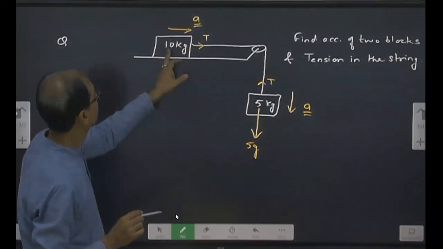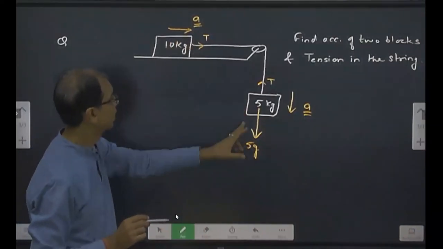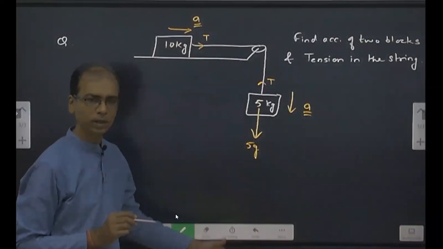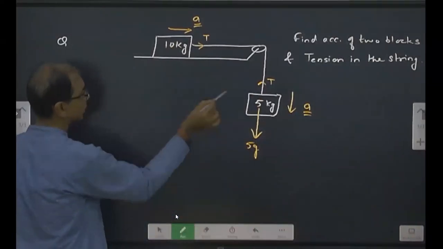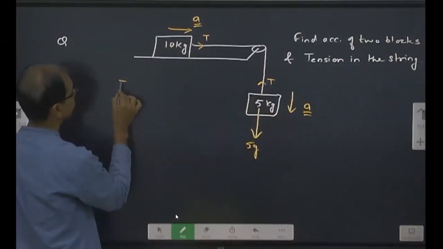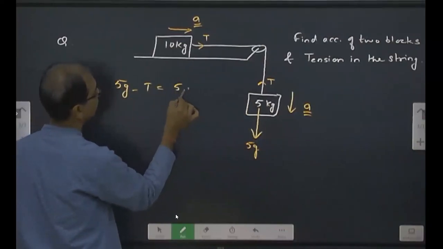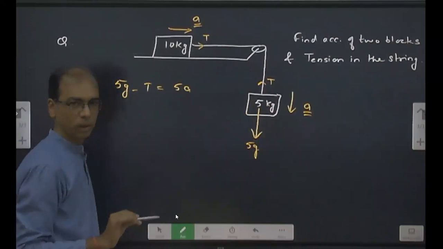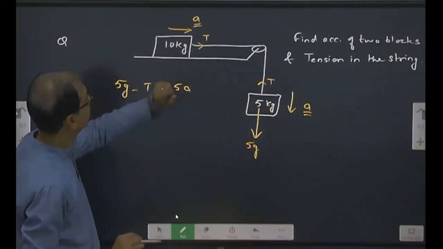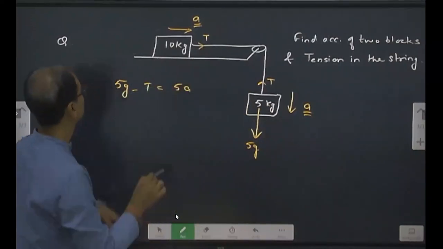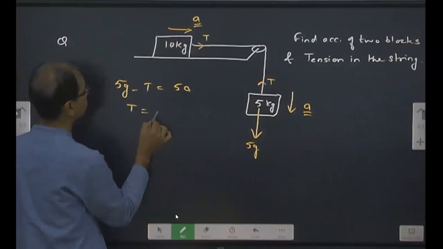So tension is here and it's moving with acceleration A, here 5G, here T. Let's write the equations. So the resultant force for 5 kg is what? 5G minus T equal to 5A. That's all. For 10 kg, the only force acting is T. So T equal to 10A.